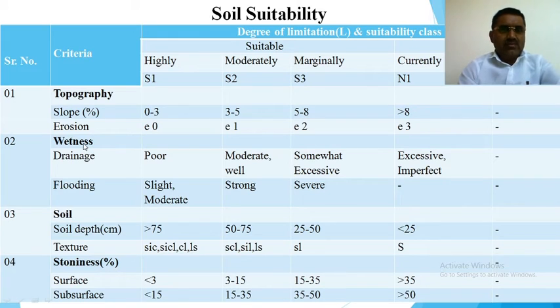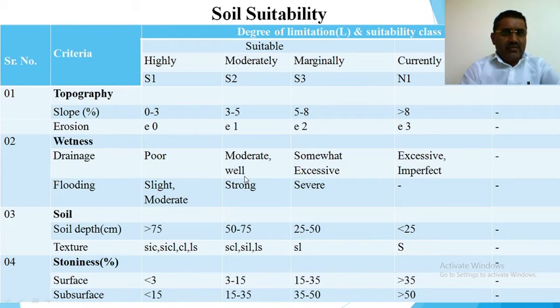Wetness is there. Wetness means water holding capacity. Suppose if drainage is poor, then it is highly suitable. Poor in the sense water holding capacity is more over here, so that is highly suitable.